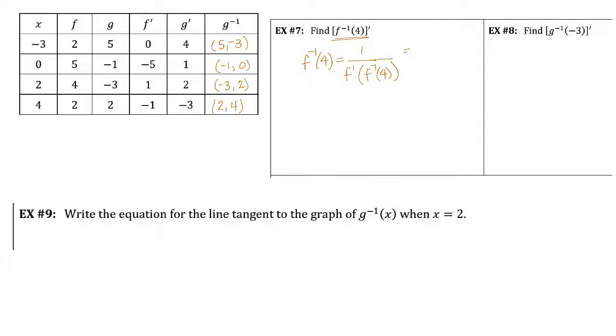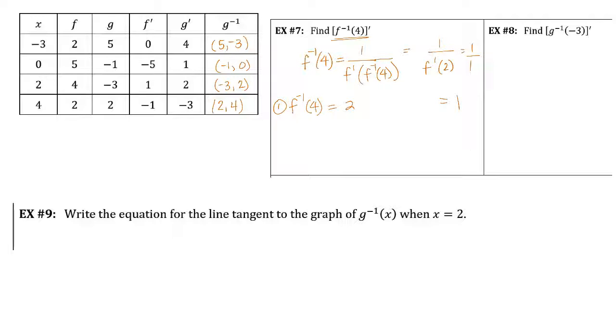And so the first thing we need to do is find, well, what is f inverse at 4? And if we go back up and look, f inverse at 4 is going to be 2. So now I need 1 over f prime at 2. And f prime at 2 is going to be 1. So I have 1 over 1, which is just 1.